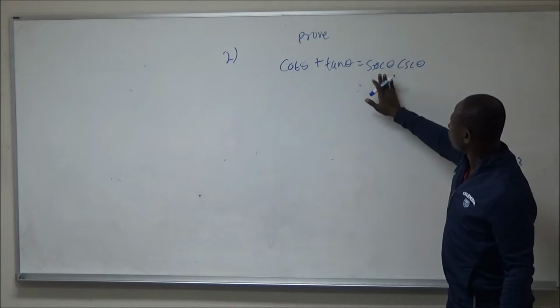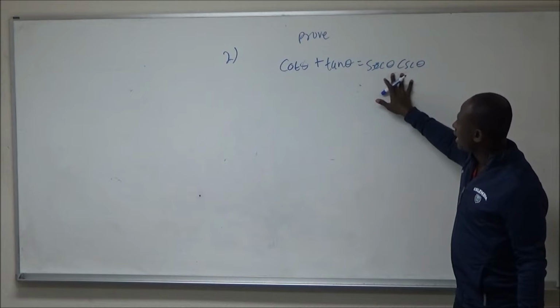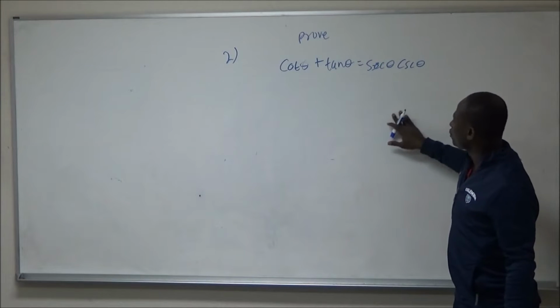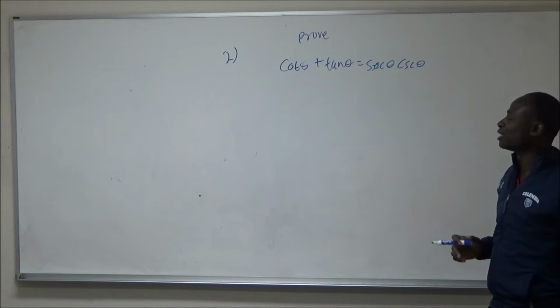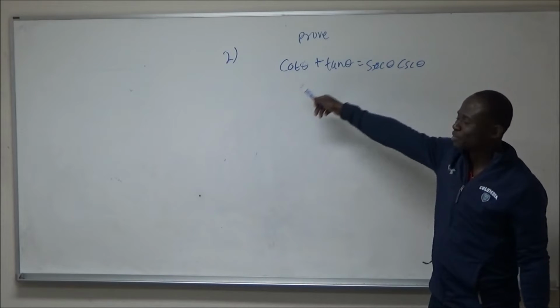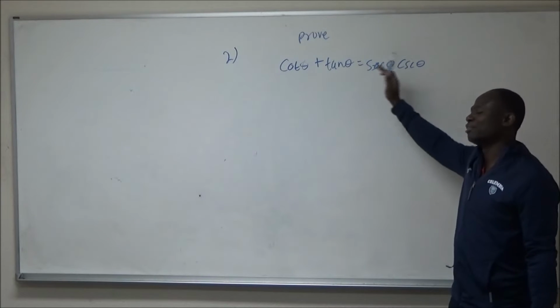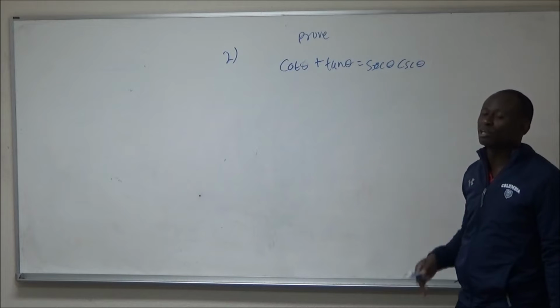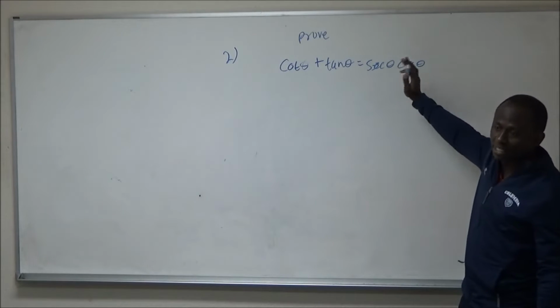So we're not touching the right hand side. In college, you're probably going to see problems where it's very difficult to do the left hand side, and you start from the right hand side. But as a general rule, don't touch the right hand side, leave it.